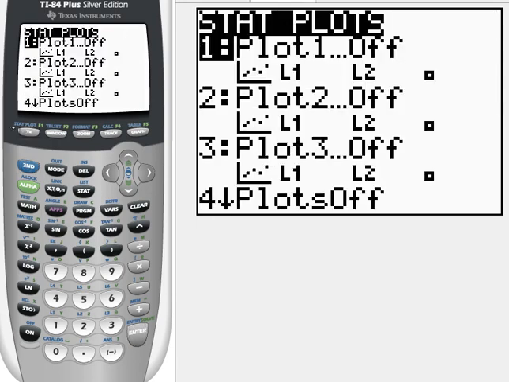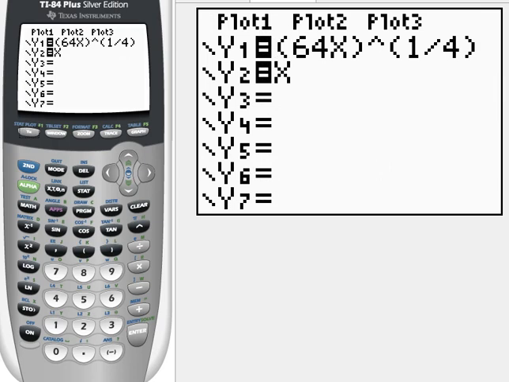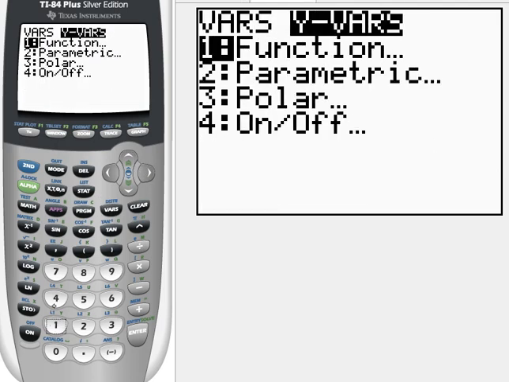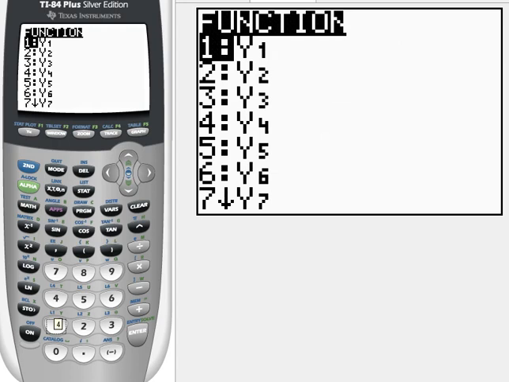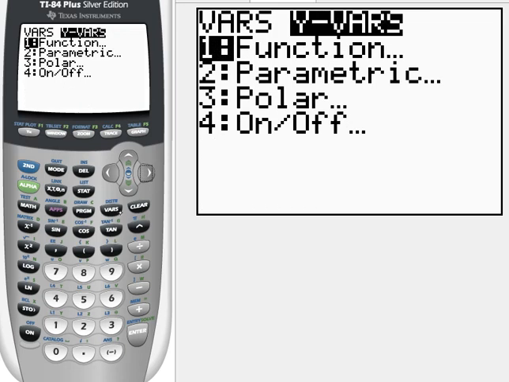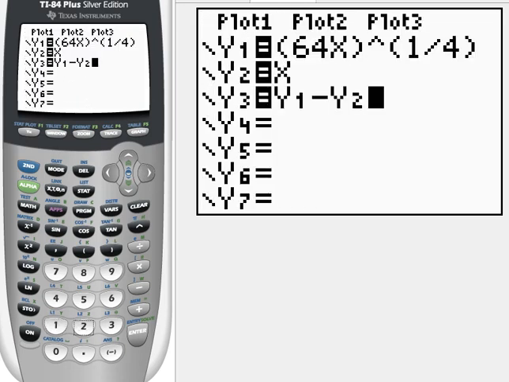Now the next thing that I'm going to do is set this up so that I can find the difference of those two curves. So I simply go vars, y vars, function, and my top function is 64x to the 1/4, which is y1, minus vars, y vars, function, y2.